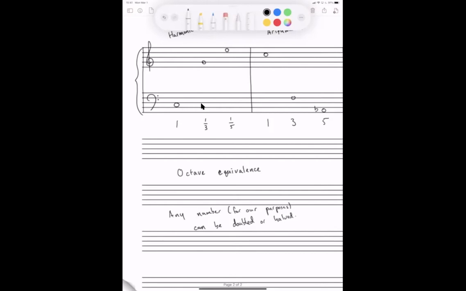Well, basically, that means with octave equivalence that we treat any number multiplied by a power of 2 as basically equivalent in some sense, or congruent. So 1, 2, 4, and 8 all represent C, as does 1/2, 1/4, 1/8. They're just C's in different octaves.